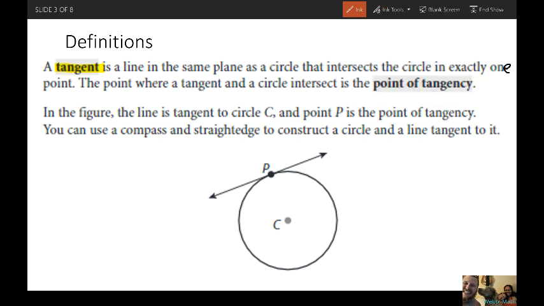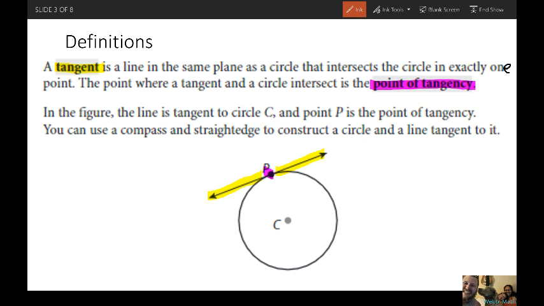So, the tangent line is basically a line that cuts through and only intersects that circle once. Now that point where it hits is the point of tangency. So that's the image in a nutshell.